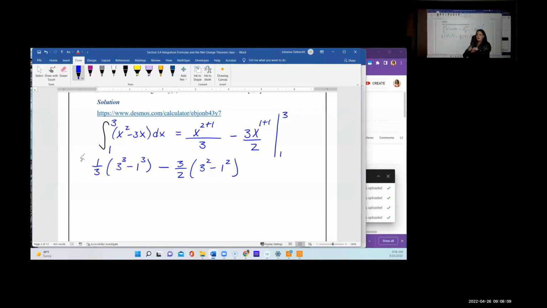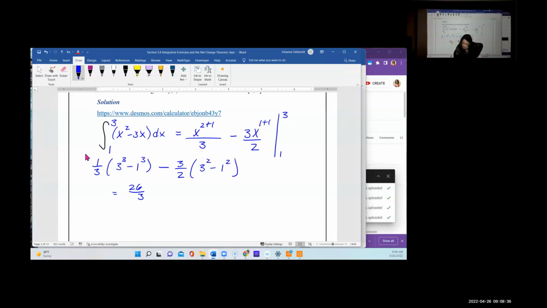I plug them into each in turn, and I've done the subtraction between the upper and lower limits of integration within each one. 3 cubed is 27. Then we're subtracting 1, which gives us 26. So we have 26 over 3.